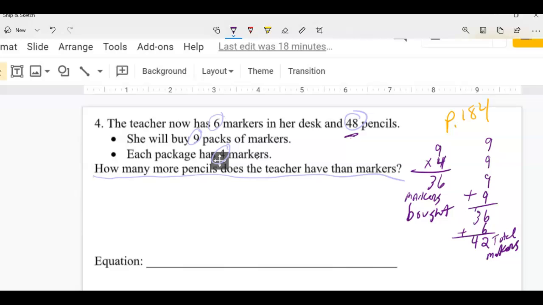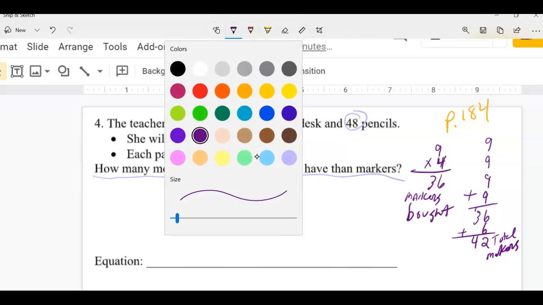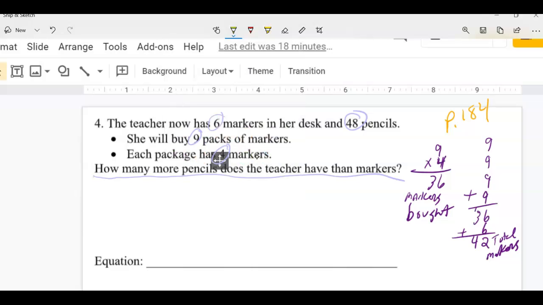So you have to subtract 48 minus the 42 that we have down here. And that's going to give us the difference. 6 markers is the difference. Okay? 6 markers is the difference.